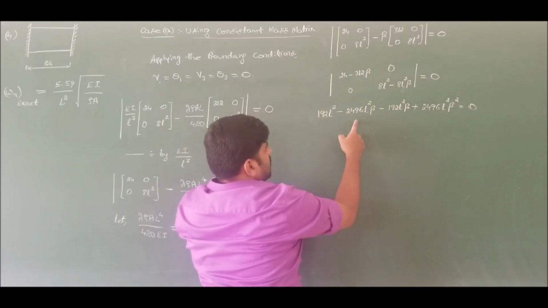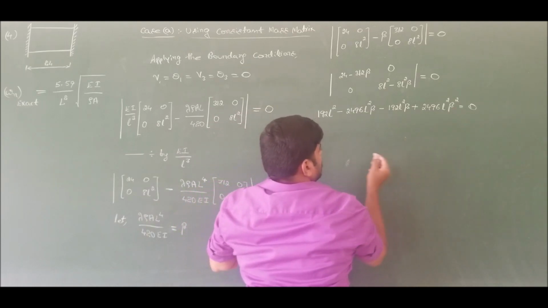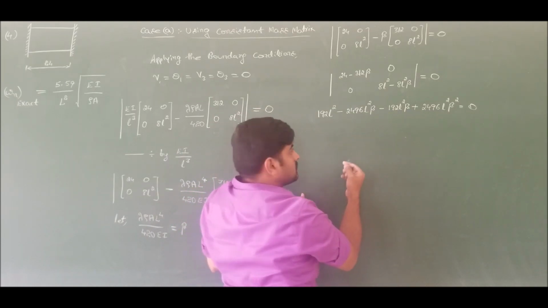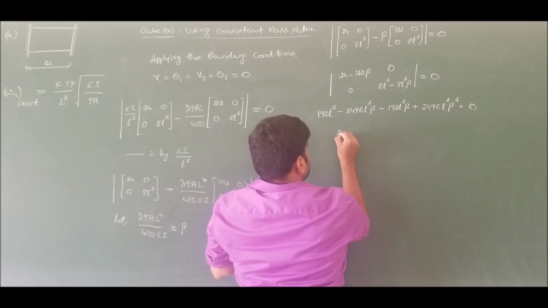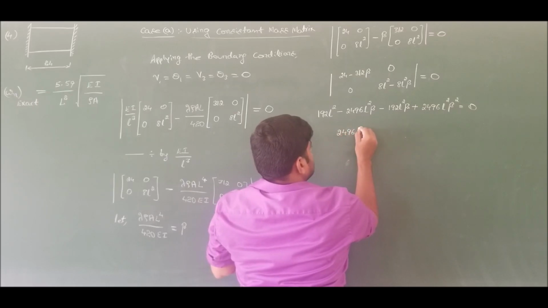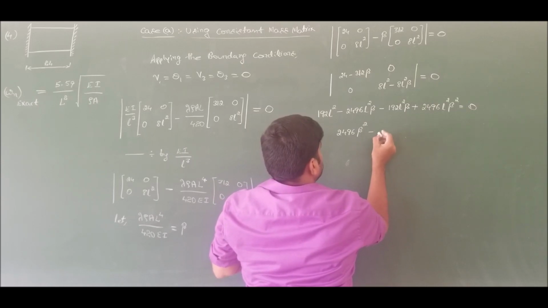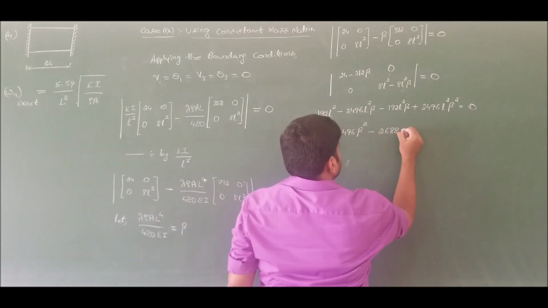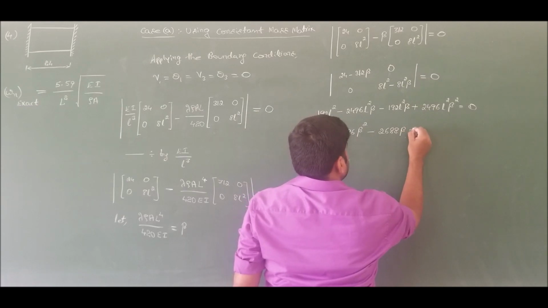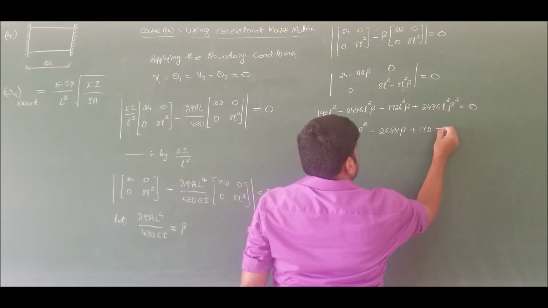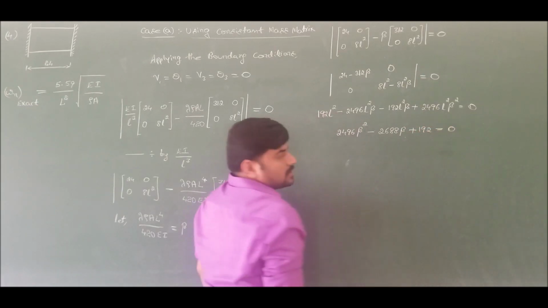Now taking L square common and setting it to RHS and rearranging the terms, I will get the standard equation as 2496 beta square minus 2688 beta plus 192 must be equal to 0.